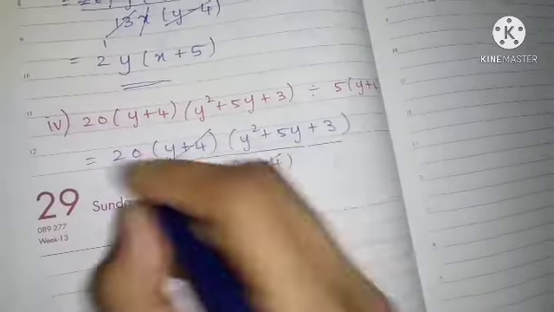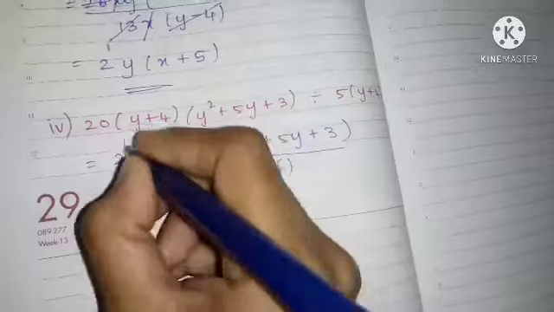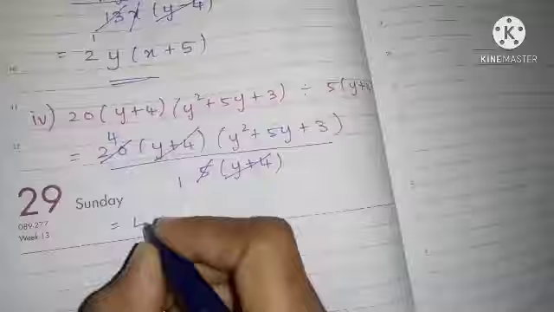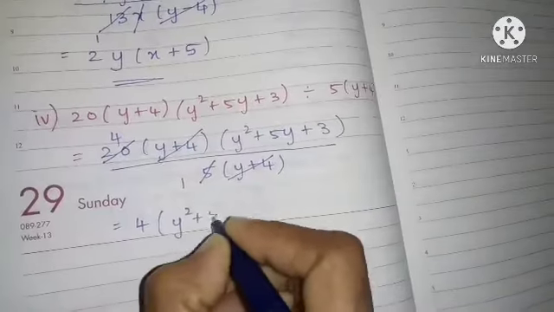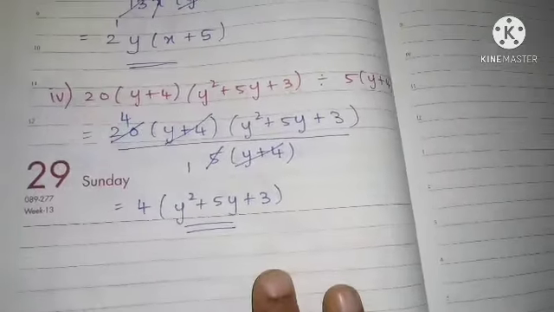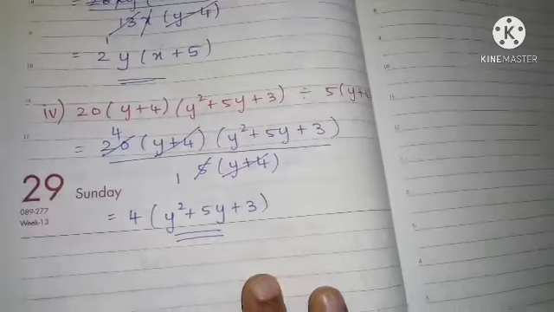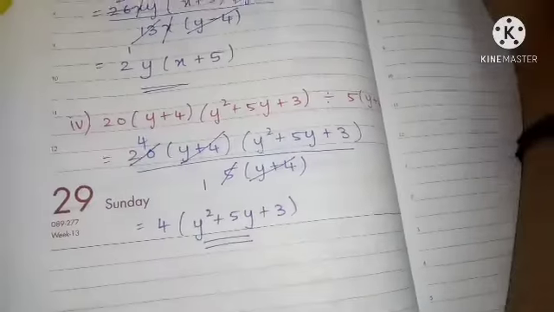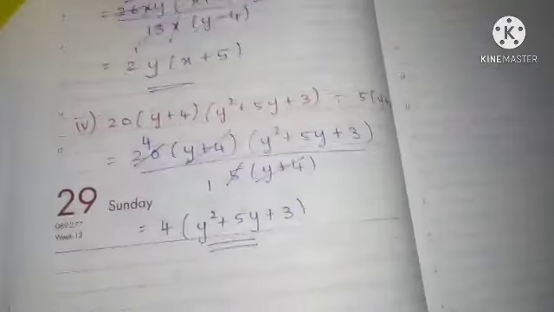Okay, so now we will do it. Y plus 4 cancels. 5 ones are 5, 5 fours are 20. So the answer is 4 into (y square plus 5y plus 3). Okay. Next, fifth subdivision. Actually, it is easy when you work out more problems.